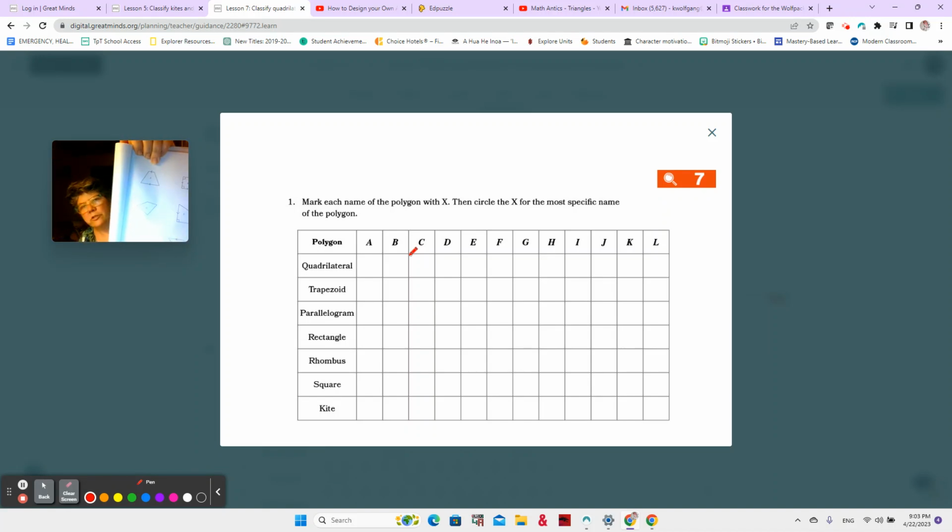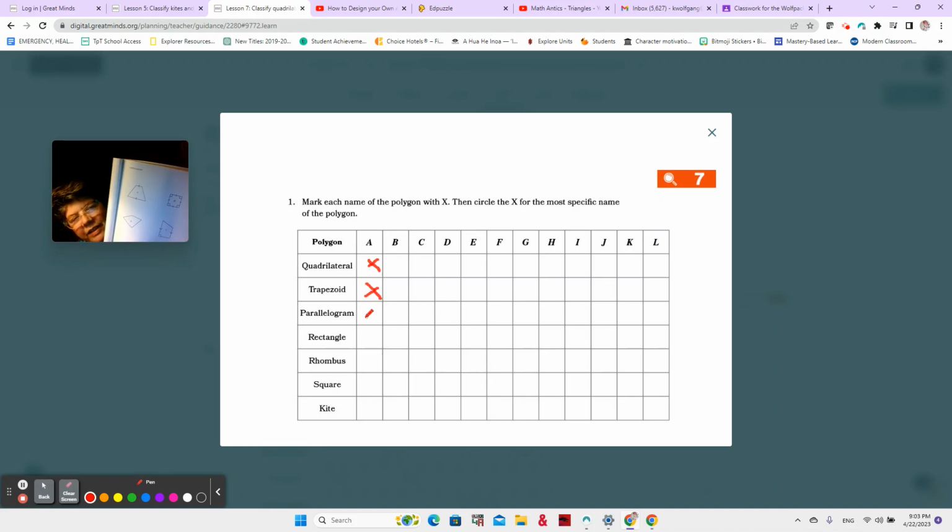Okay, shape A. Shape A is a quadrilateral, so we're going to put an X there. And shape A is a trapezoid. It has one pair of parallel sides. It's not a parallelogram because it only has one pair of parallel sides.